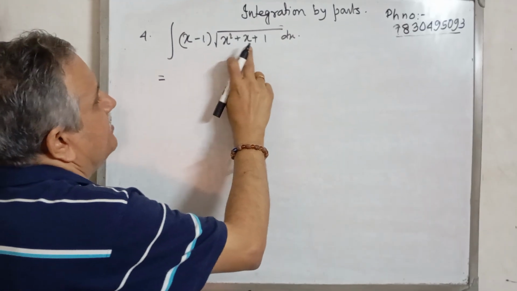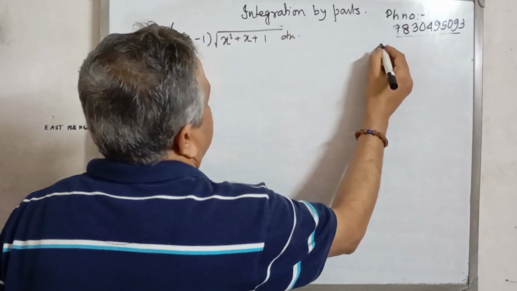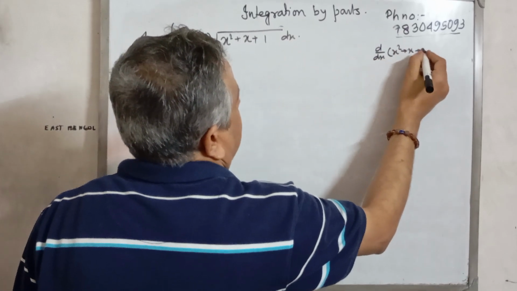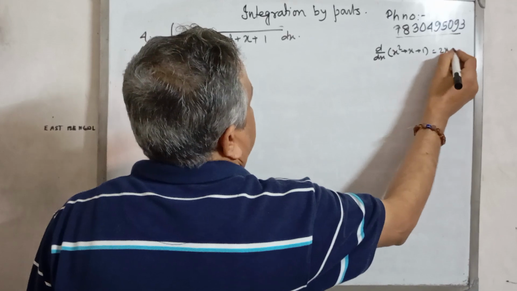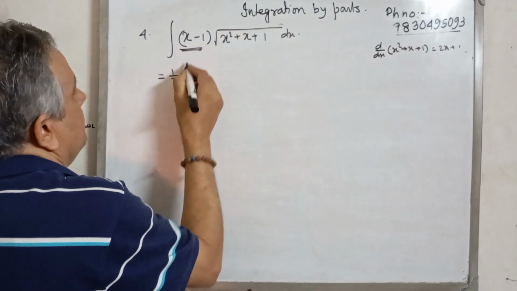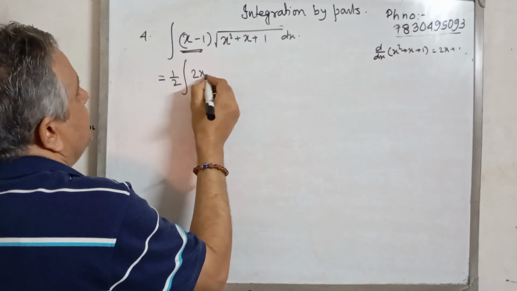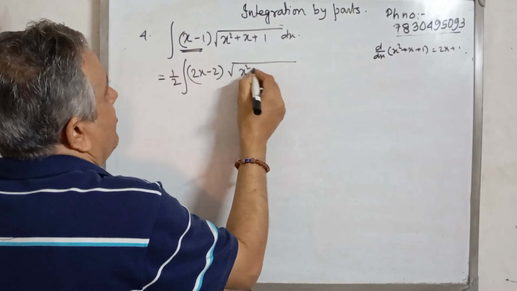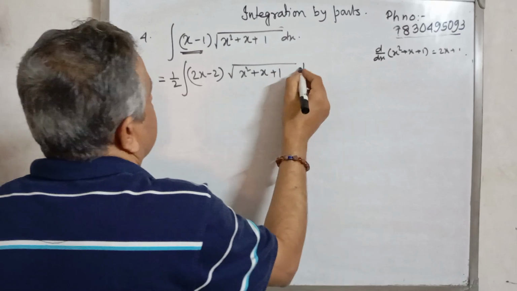Now here we can do it by this method. Differentiation of x square plus x plus 1, d/dx of x square plus x plus 1 is 2x plus 1. Now we have changed it as 2x plus 1, 2x minus 2, divided by root over x square plus x plus 1 dx.